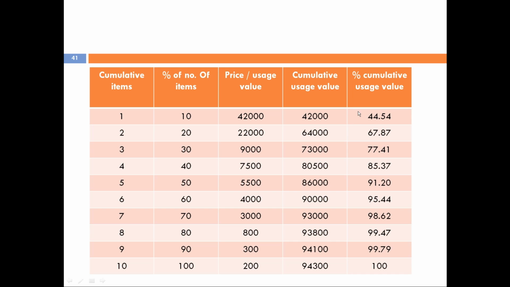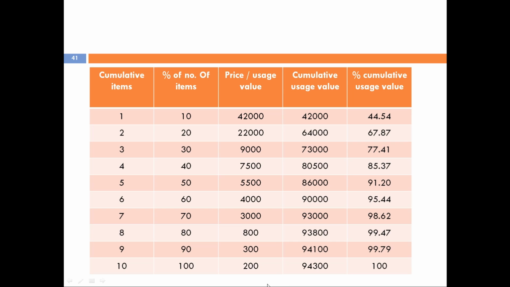Then we will find the percentage of the cumulative value. The cumulative value corresponding to the first item, 42,000 divided by 94,300, will give you 44.54 cumulative usage percentage. Next, for the second item, 64,000 divided by 94,300 will give you 67.87 percent. Likewise, we will do it, and for the 10th item we will get the cumulative usage value as 100 percent.